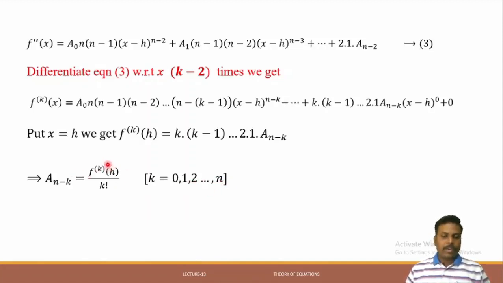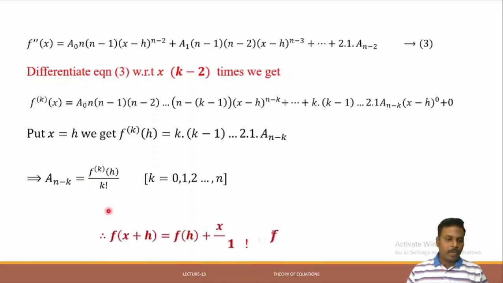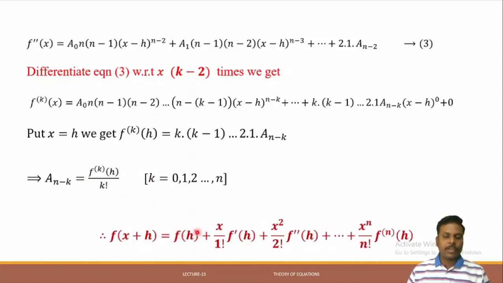Now we have derived a formula for all this k. If you vary k, then accordingly you will get the coefficients. Therefore, substituting all these into the above equation, what do we get? f(x plus h) is equal to f(h) plus x divided by 1 factorial into f'(h), plus x square divided by 2 factorial into f''(h), plus and so on, x to the power n divided by n factorial into the nth derivative of f evaluated at h.